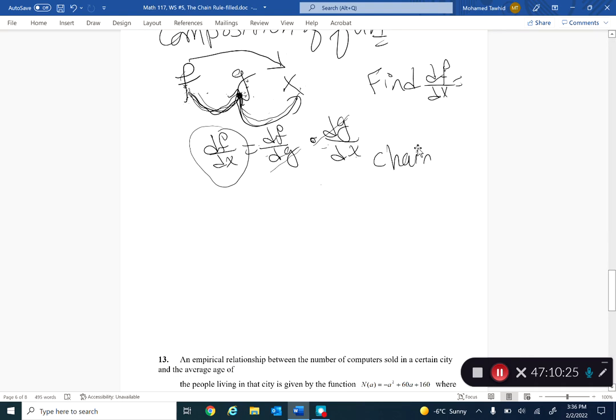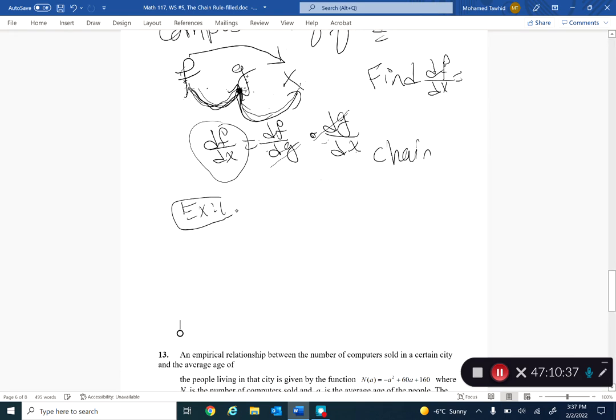So how to do this one here? I'll give you some example here so that you will have a feeling about it. A simple example, and then I can solve some problems. What happens if you have f equal u cubed, right?